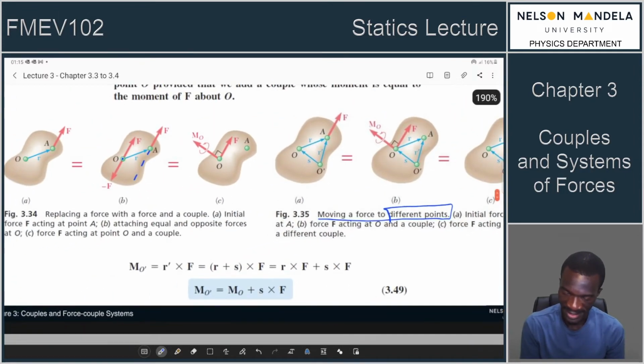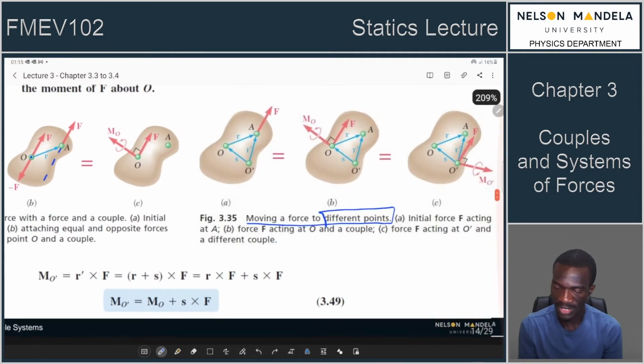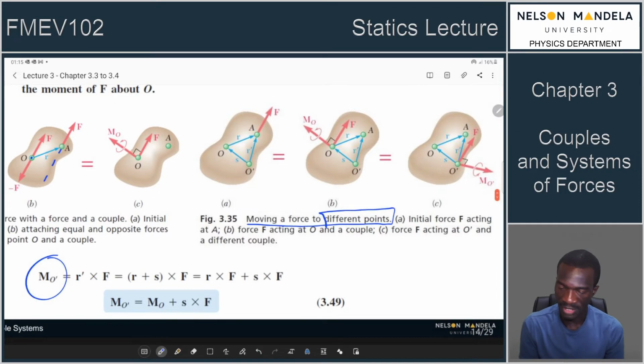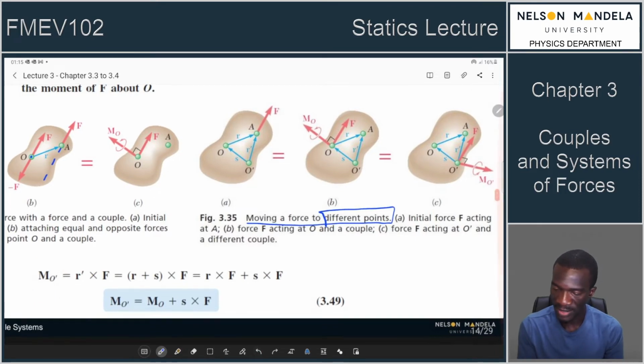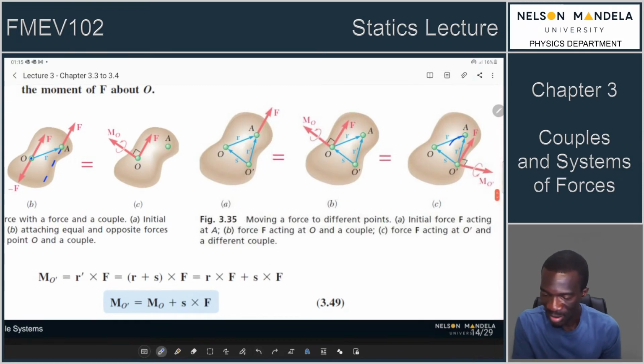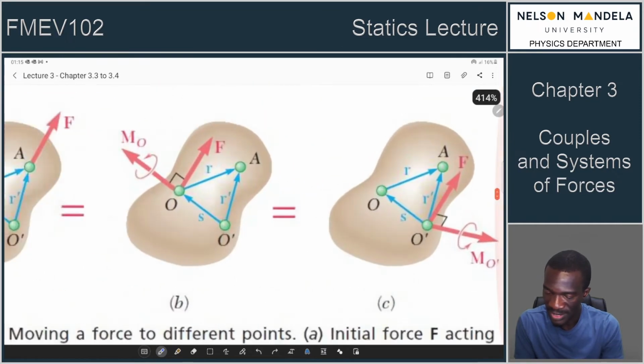So in the end, you've got this equation 3.49 that is derived from this part. If you look at these vectors, I think it's more straightforward. The moment of the couple, that is the moment at MO prime, is simply from the origin that we had. So we've got an R prime cross F. Remember, we said that our force is going to be like this.